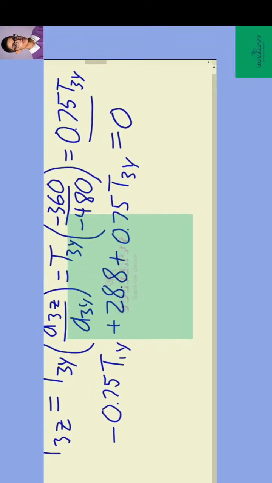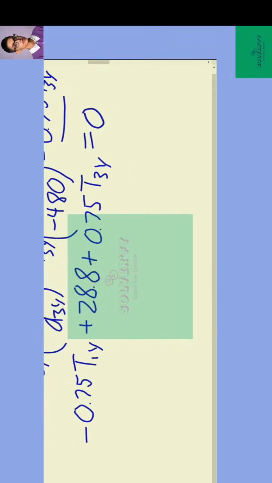Now what I'm going to do is solve this equation for just one of these variables, because there are two unknown variables in here. If I solve for one of these variables in terms of the other one, that's going to come in handy later on. So we have T3y, which I will solve for. That gives us T1y minus 38.4.